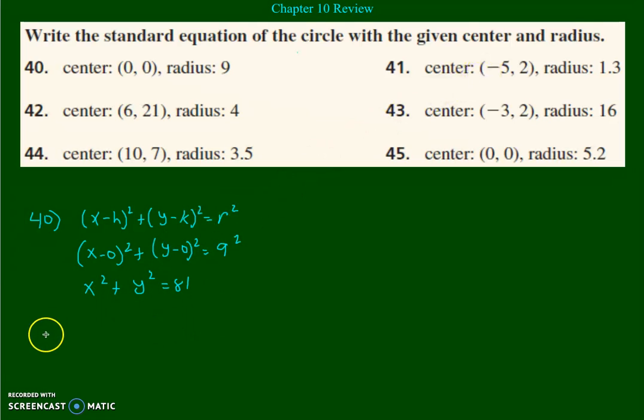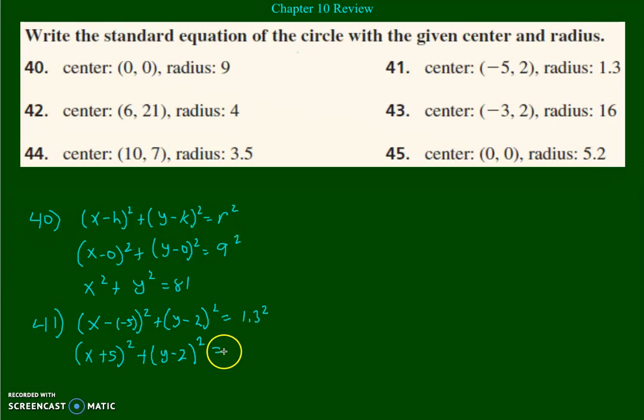For 41, we have x minus, the h is negative 5, so this is negative 5 squared plus y minus 2 squared equals 1.3 squared. This gives us x plus 5 squared plus y minus 2 squared equals 1.69.